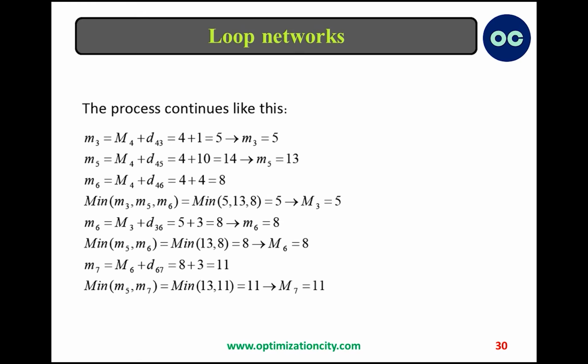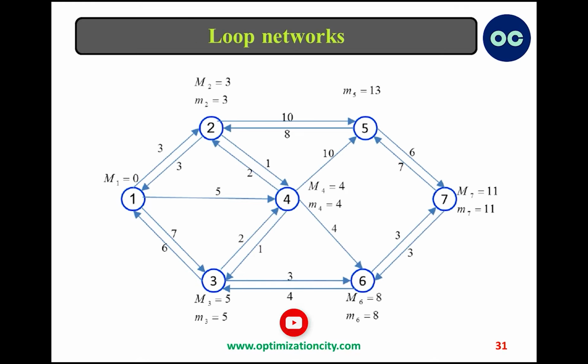This process continues in this manner, assigning the temporary codes and updating them accordingly. The diagram here summarizes the results of the different steps of the algorithm. We find the shortest path from 1 to 7 with the value of 11.